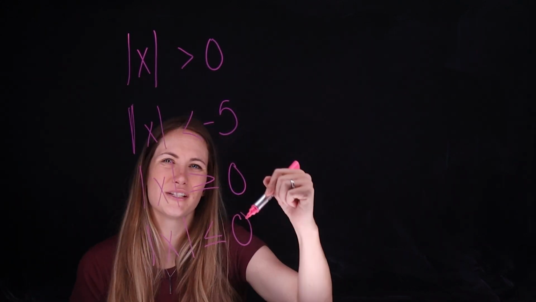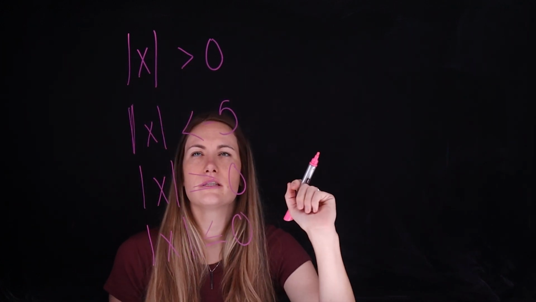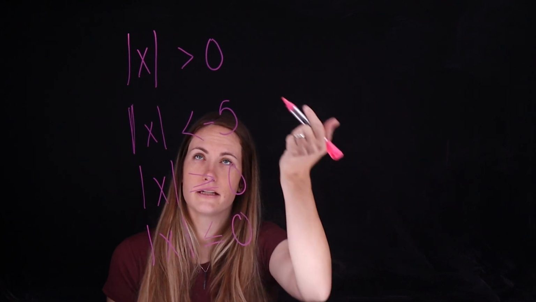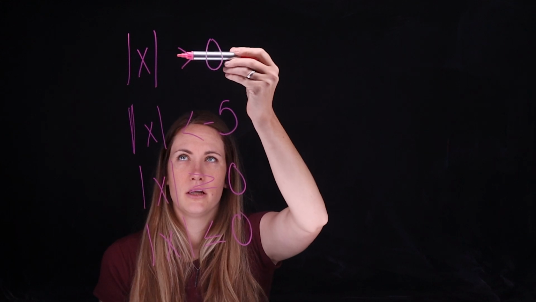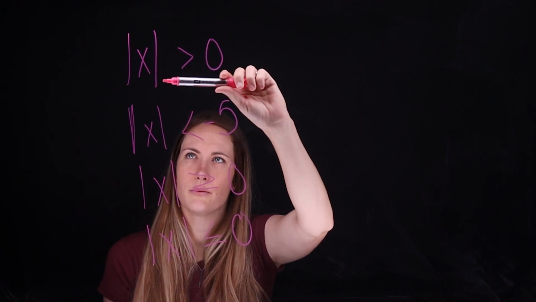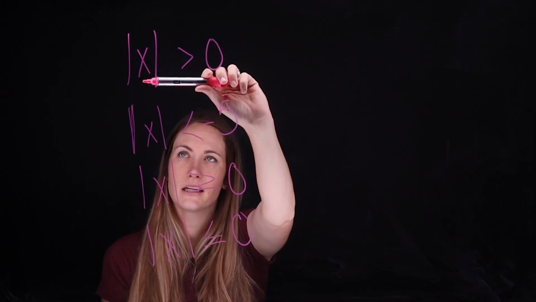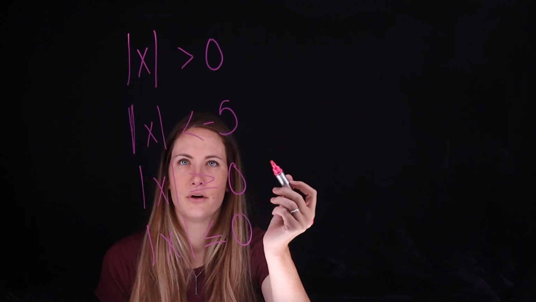Absolute value of x is greater than 0. Yes, because that's any number whatsoever that I put in here besides 0. So if x is 1, absolute value of 1, 1 is greater than 0. -1, absolute value of -1 is positive 1, that's greater than 0.